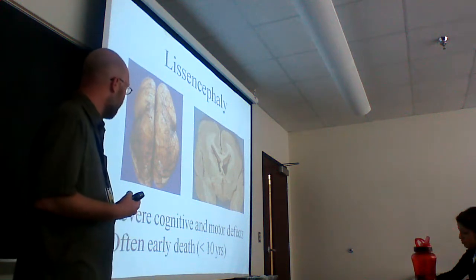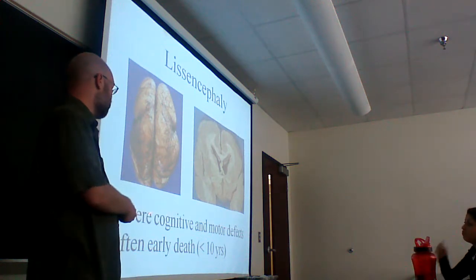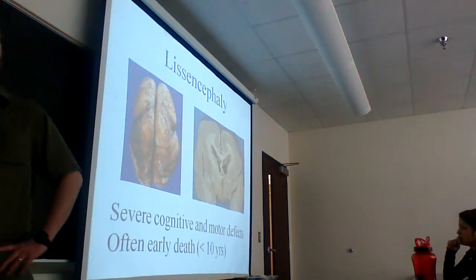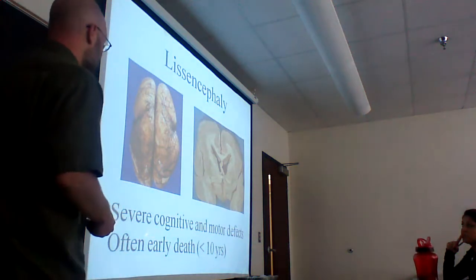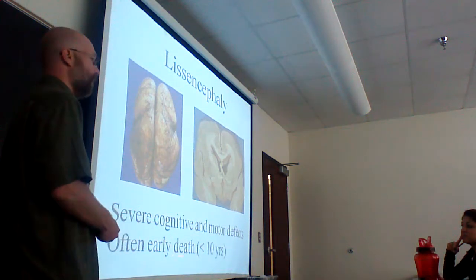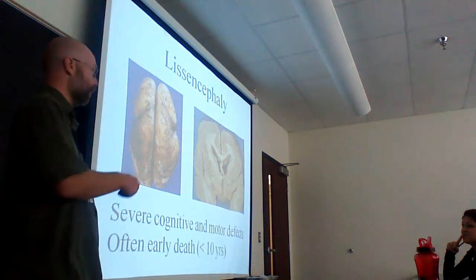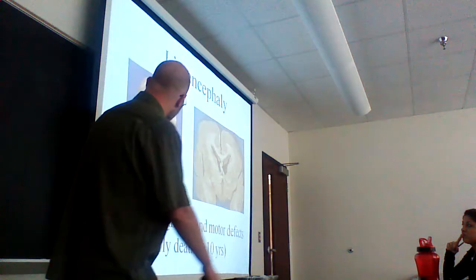And so the result is that you impair functioning of the brain. If you make it all the way to term, if you can actually have a viable birth of an individual with lissencephaly, they don't end up living that long in any event, because of cognitive impairment and just general impairment of the functioning of the brain itself.